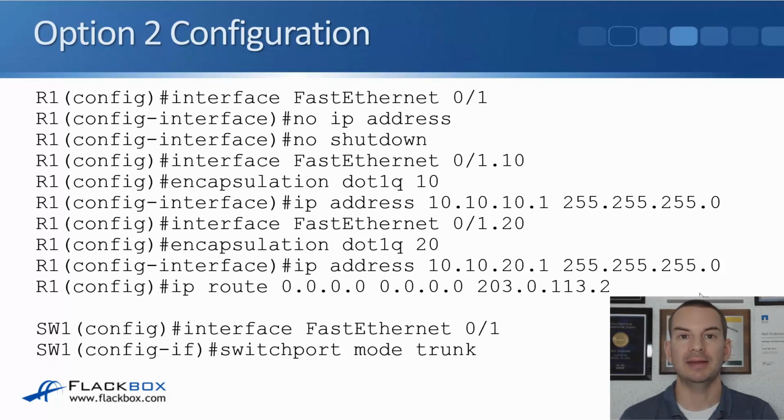I then create my first sub-interface with the command interface FastEthernet 0/1.10. Because it starts FastEthernet 0/1, it knows it's a sub-interface attached to this physical interface, and then .10 is the sub-interface number. Then I say encapsulation dot1q 10.